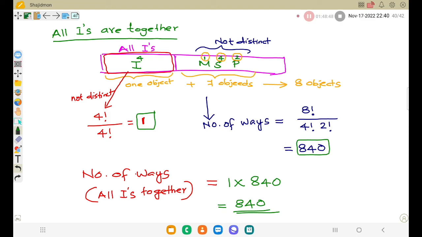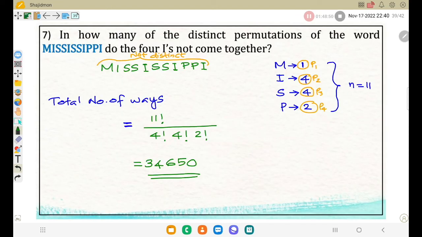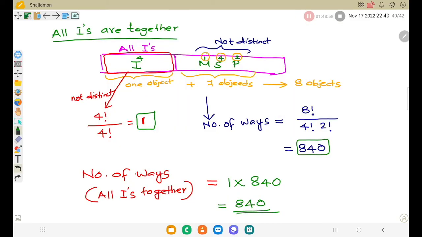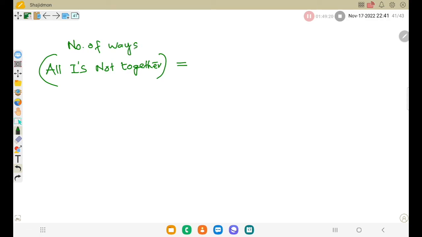Okay. Now what is our question actually? In Mississippi, all I's not together, not coming together, how many ways? That is our question. All I's coming together, we calculated. Now we will write the answer. Number of ways all I's are not together equals what do you do?